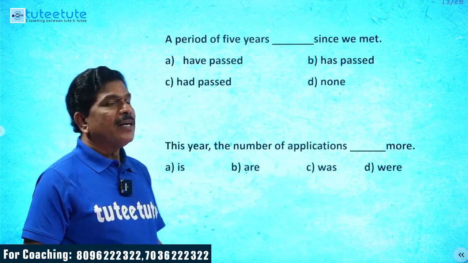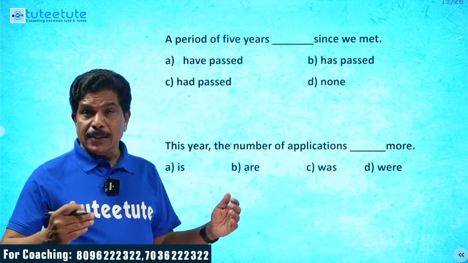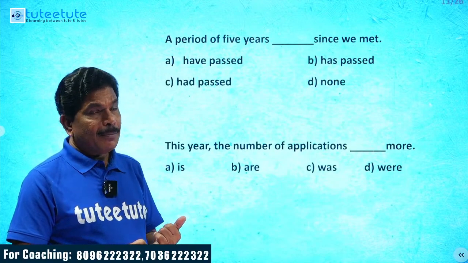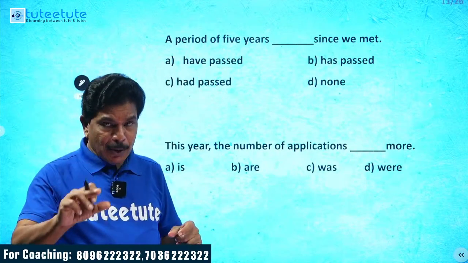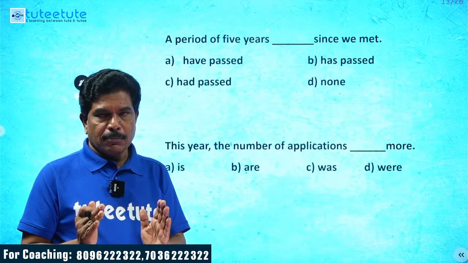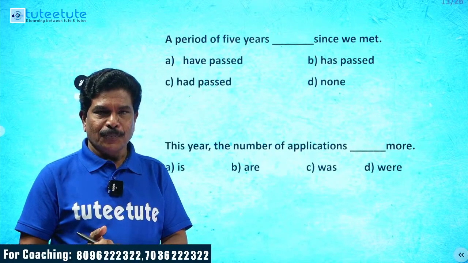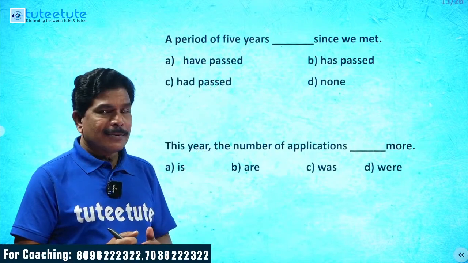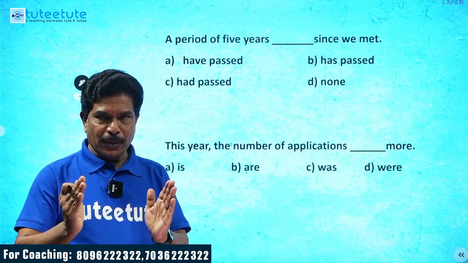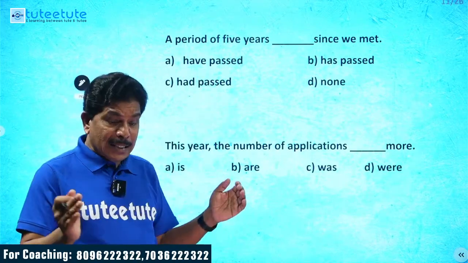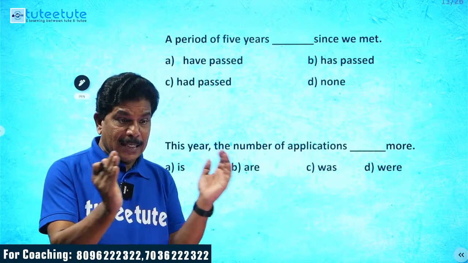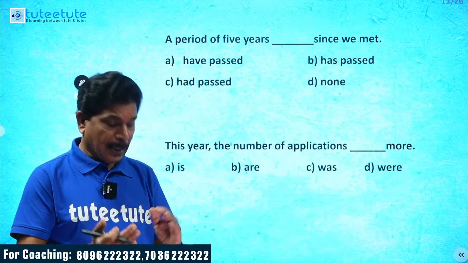Here, a period of 5 years. Year is countable. But here we mention a period of 5 years. Suppose 5 years, it is plural: 5 years have passed. But here these 5 years are considered as a single period.